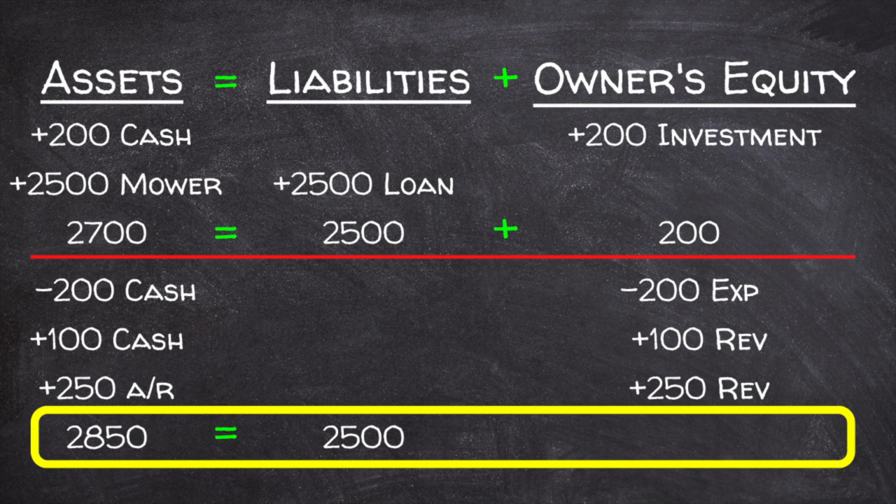And then we have owner's equity, which we started out with our initial investment of $200, and then we had adjustments for the purchase of a weed eater as an expense and $350 in sales for a total net change of $150. This leaves us with a net balance of $350 for owner's equity. And as you can see, our accounting equation remains true. We have $2,850 in assets, $2,500 in liabilities, and $350 in owner's equity.